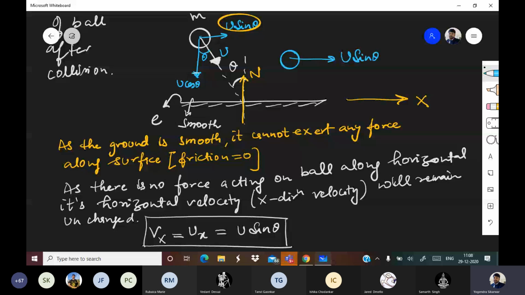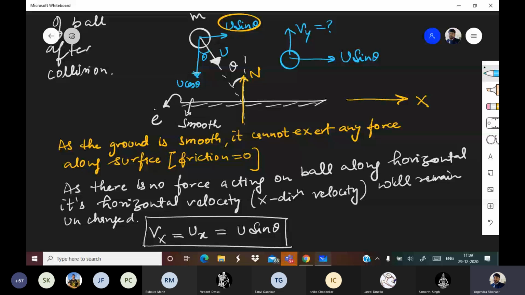We need to find out how much will be the velocity in y direction. Now, as normal reaction is acting on the ball only along y direction, its velocity will change only along y direction.